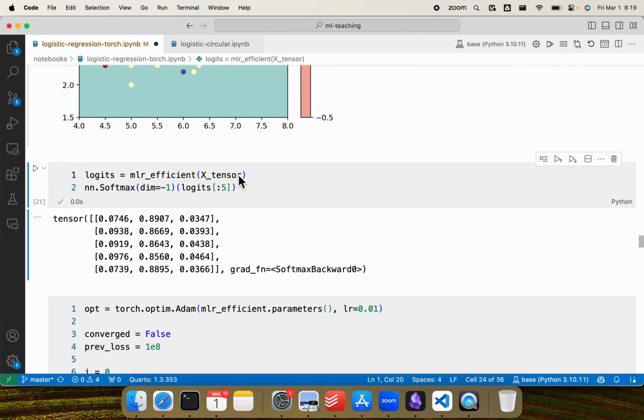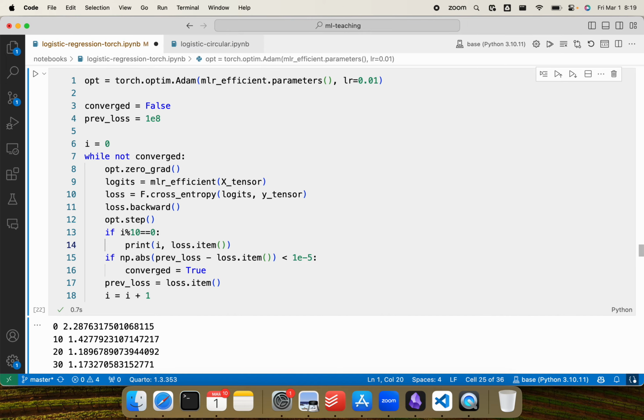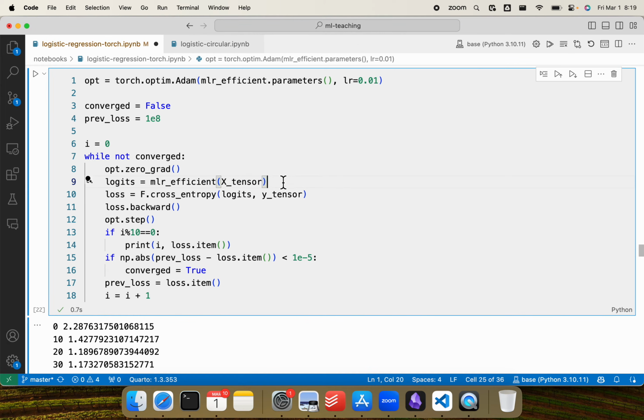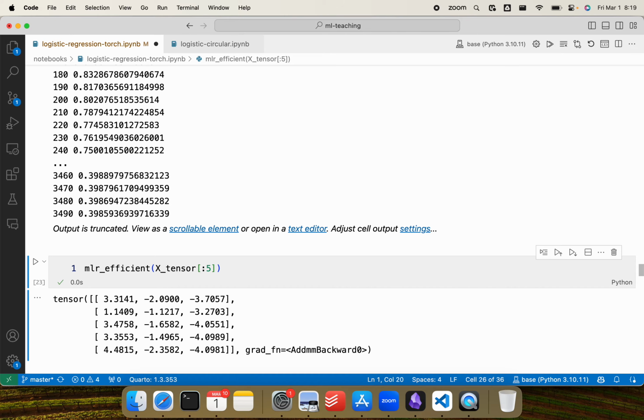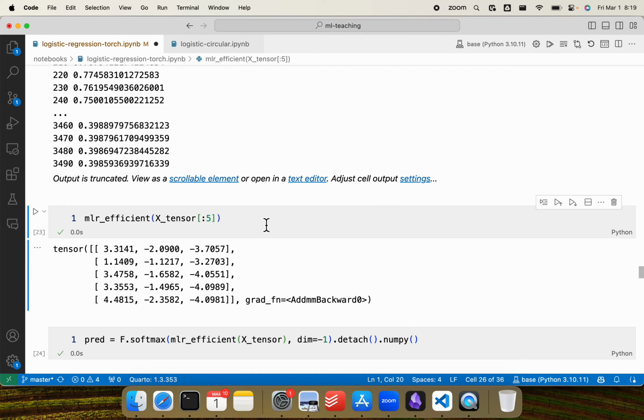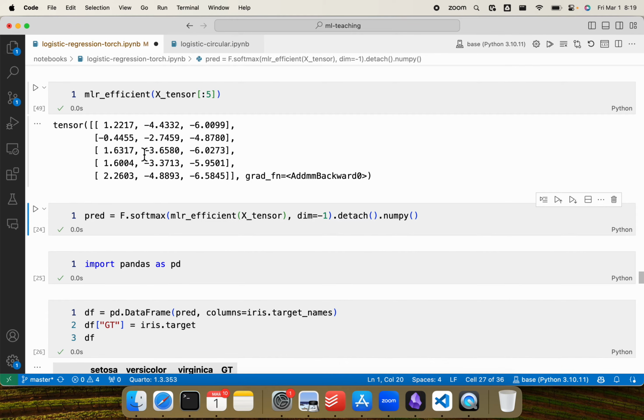Now when I want to train my model, I get my logits via my model, and then I use my cross entropy loss, which works with the logits and the y tensor. And then when I train my model, I look at the specific logits that I get for the first 5 examples.